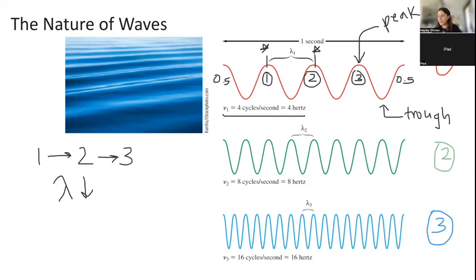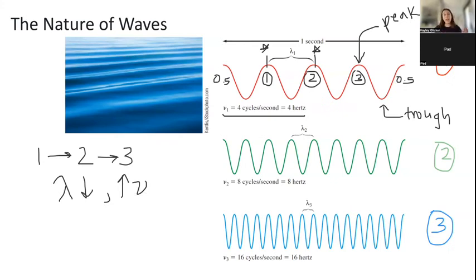And we also notice that even though I'm decreasing my wavelength, I'm having more cycles. It's kind of a stronger wave we can think of. So we have an increased frequency. And we're going to talk more about that relationship in just a moment.